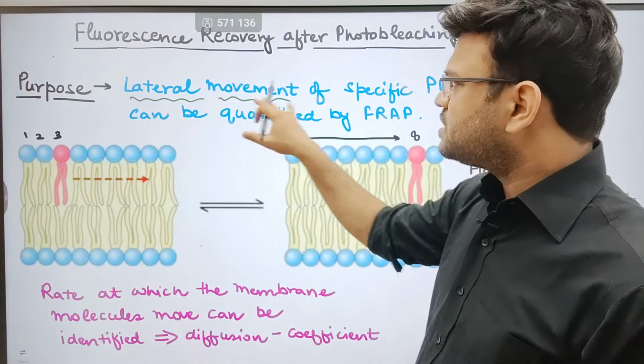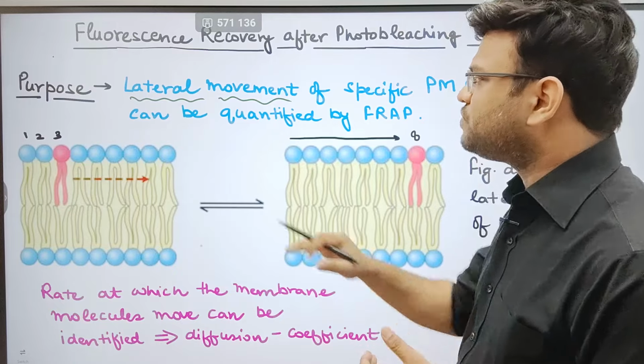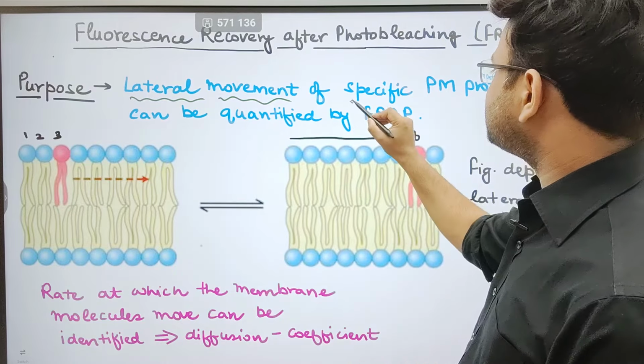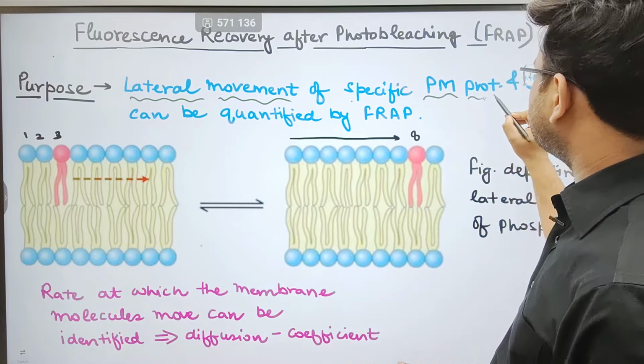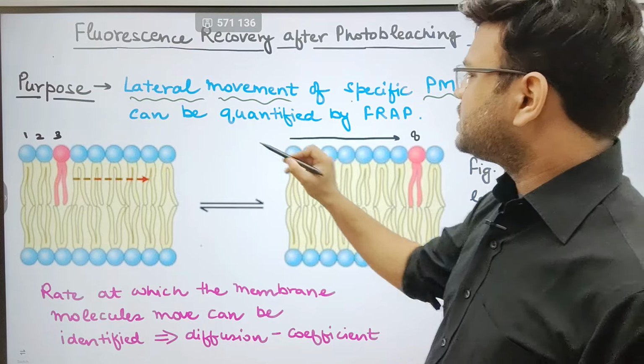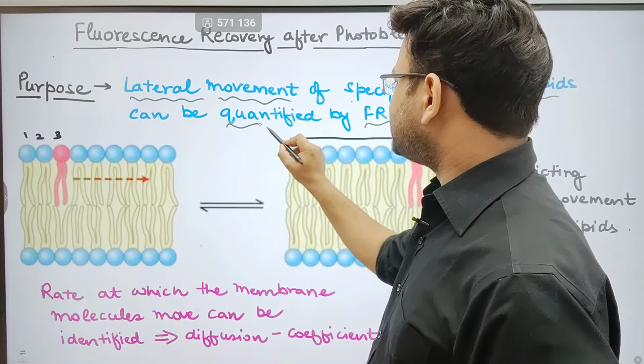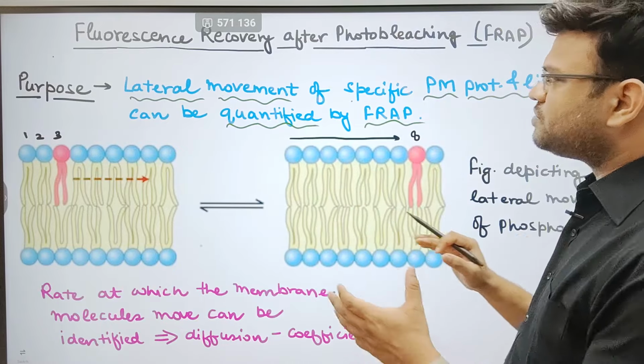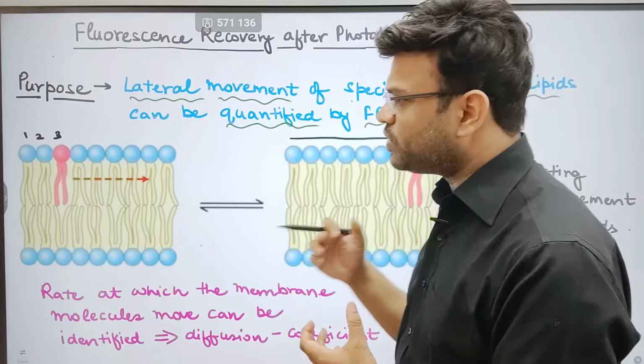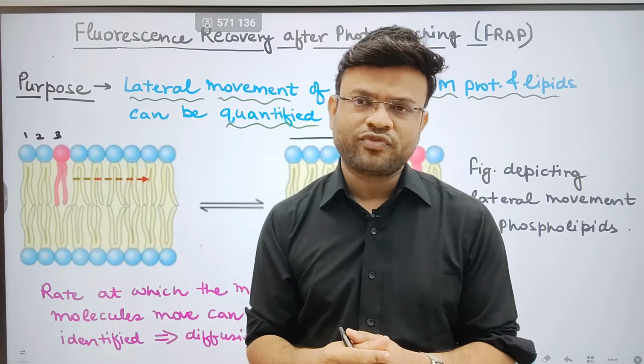Let us just reconsider the definition first of all. Lateral movement of specific plasma membrane proteins and lipids can be quantified by FRAP. So you can say that the movement of the plasma membrane lipids and proteins can be quantified, it can be detected through FRAP.